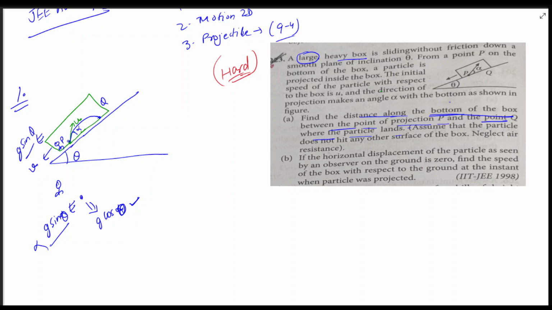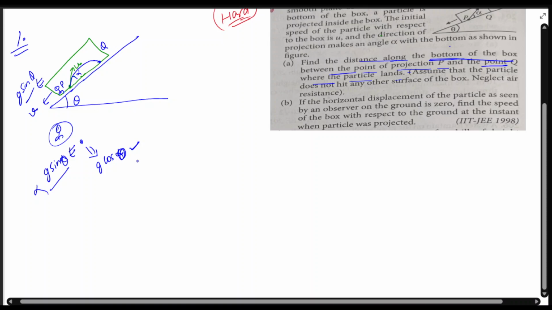Now what about this particle? This particle will also have u in this direction, but it will also have v in this direction from the outside. Let me make the situation a bit more clear for you. First let's observe this box from outside, from the ground.